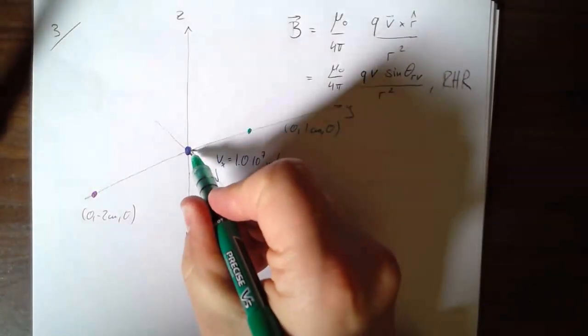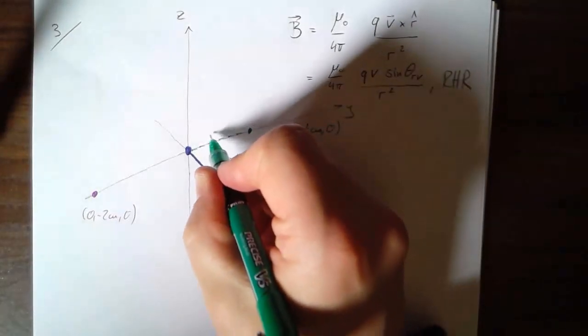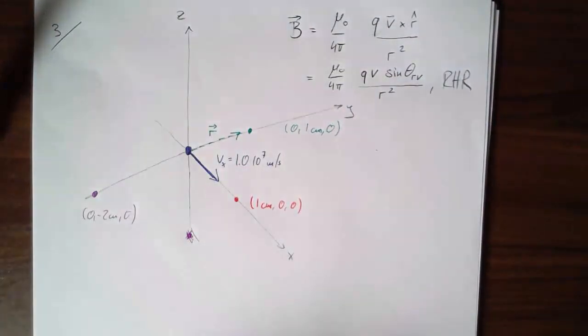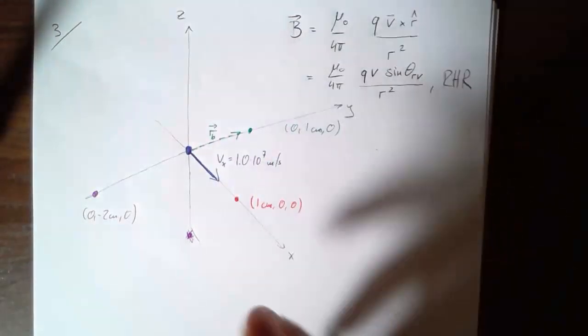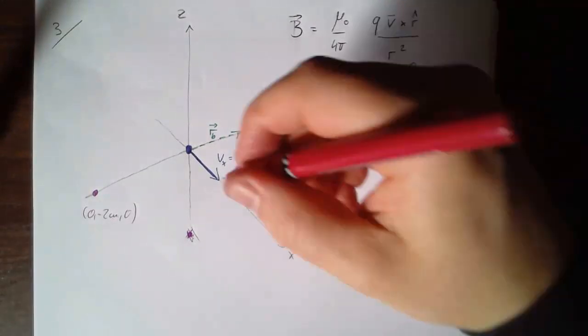So if I just draw this for this one here, this would be my r in that direction. I think this was part b. I'm going to put a little b here. First one is this one here.